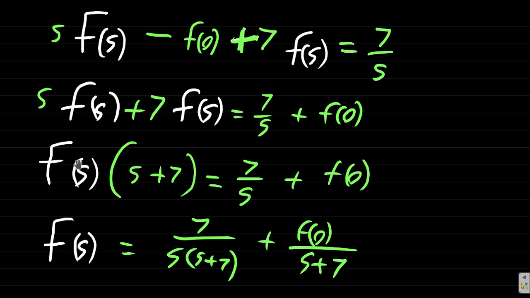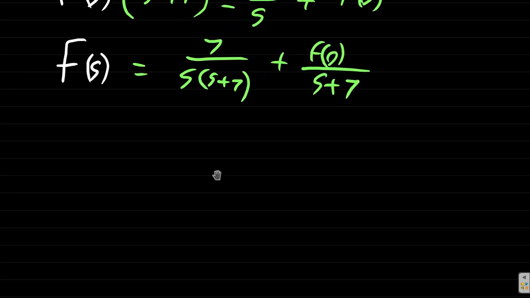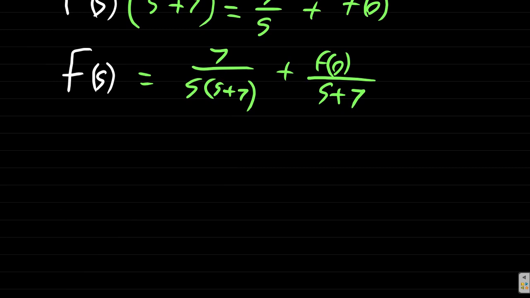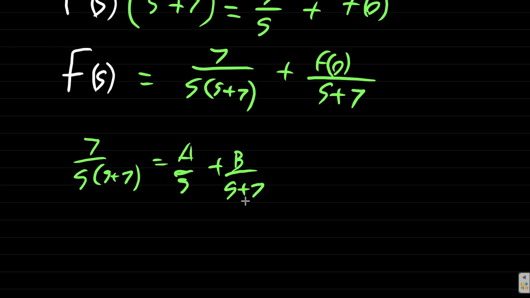Now, let's see something here. We have to write this part in partial fractions, you know. So, let's deal with that. We have 7 over s plus 7 equals a over s plus b over s plus 7. If you multiply both sides by s plus 7, right?